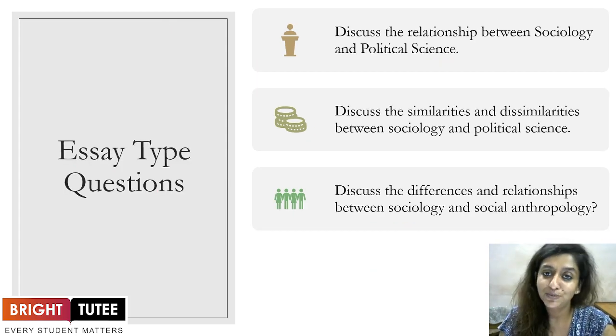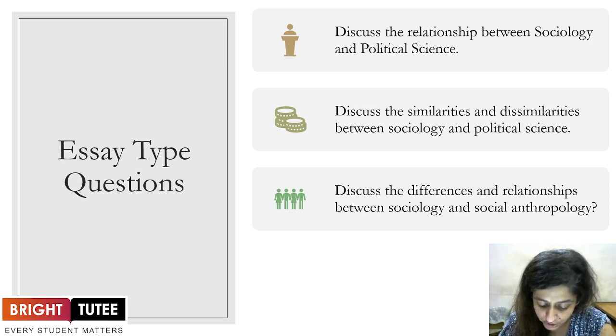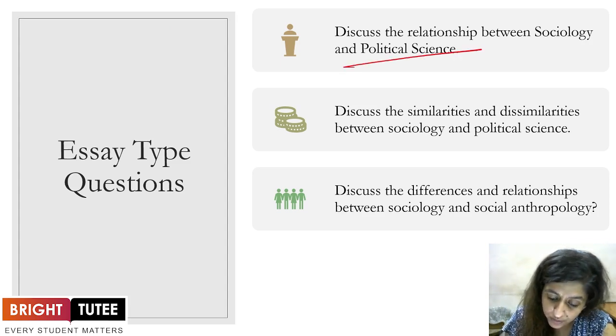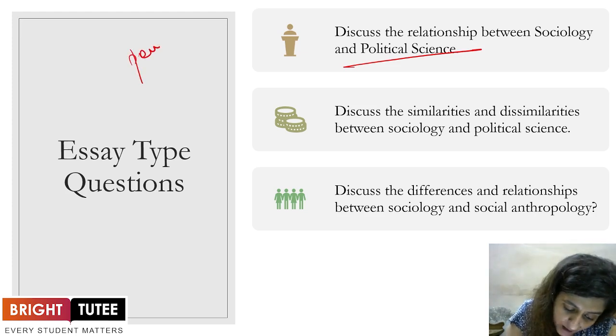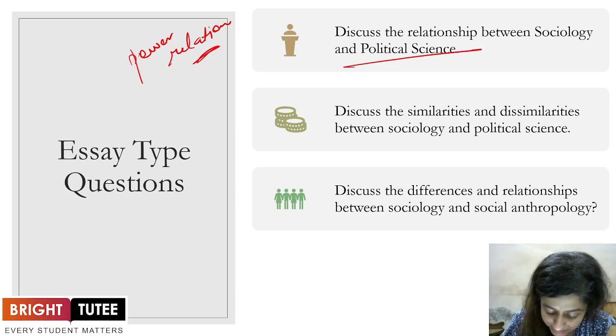Discuss the relationship between sociology and political sciences. Here we talk about power relations: sociology studies the process which enables a group to secure and wield power.